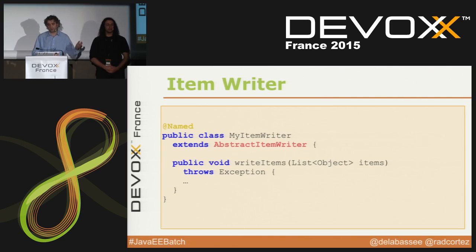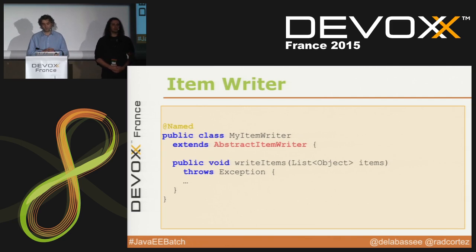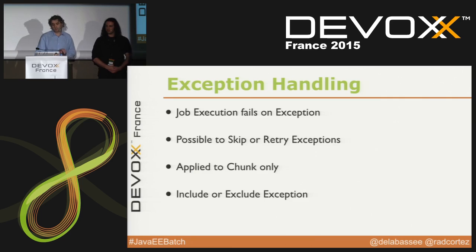As we did for the reader, we will do it also for the writer. It's exactly the same approach. So we have the JSL, we have the implementation of the reader, the processor, and the writer. Then we would need to use the job operator to start our job.